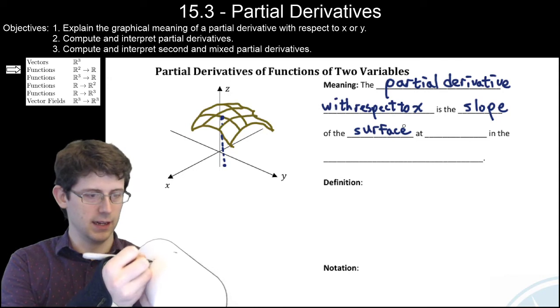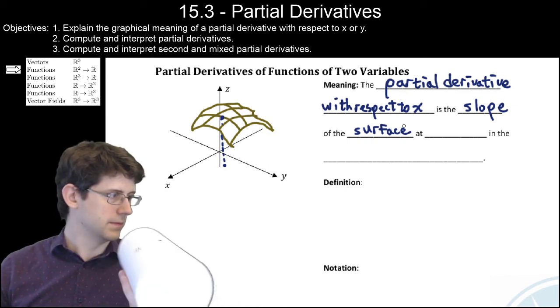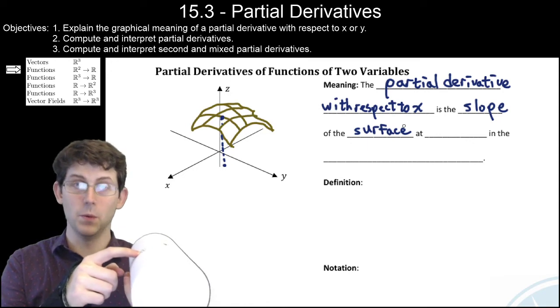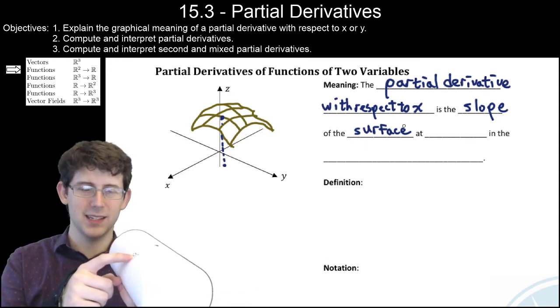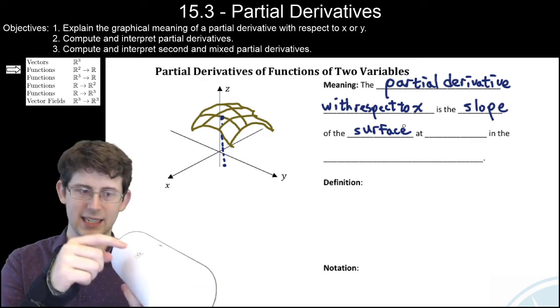Let's make a sun. So at this point on the cylinder, you should ask yourself, what's the slope? And the answer is, it depends what you mean. Obviously there's a slope here.